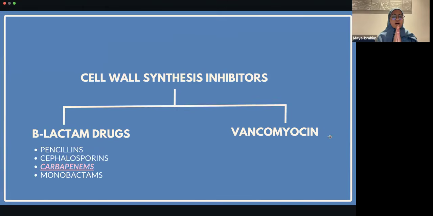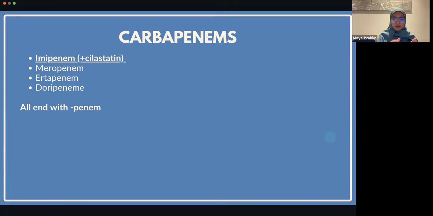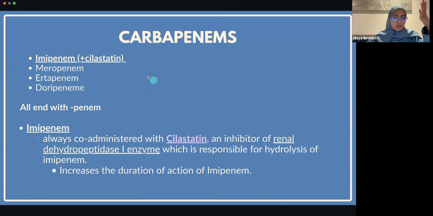Now, moving on to carbapenems. Carbapenems are imipenem and all these penems. I don't have to say the rest of them, but the one that you need to know is imipenem, and it's used with cilastatin. We're taking this drug right now in our block, but I don't know how to pronounce it.